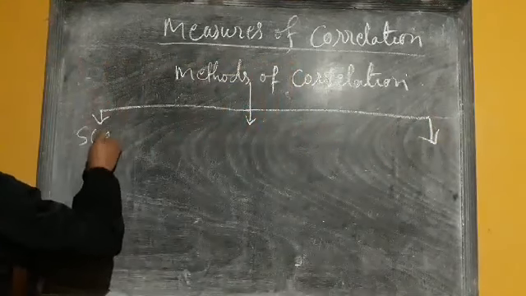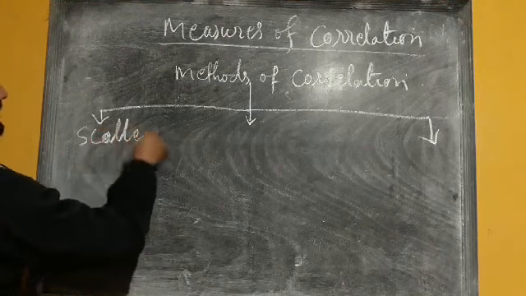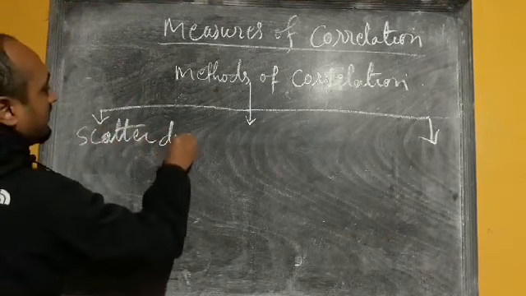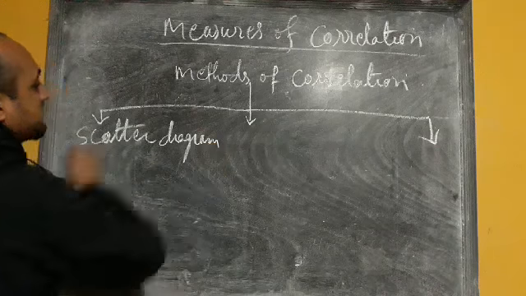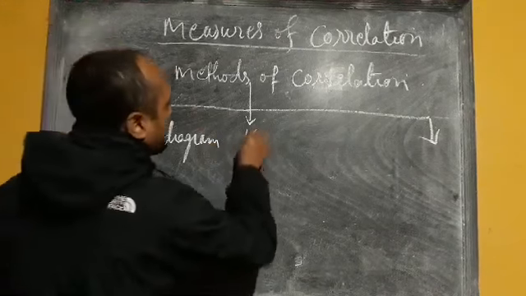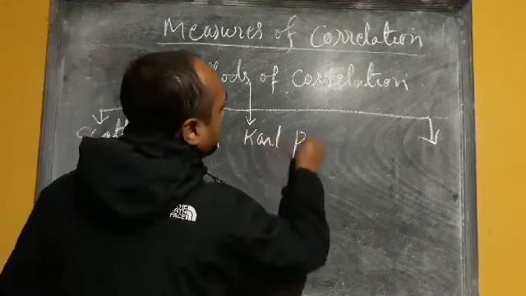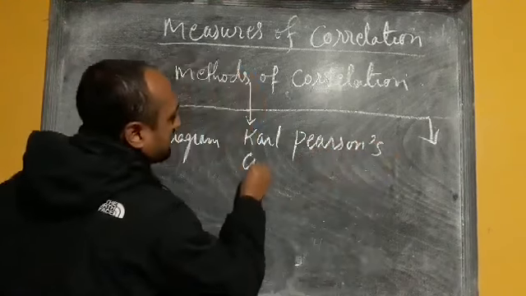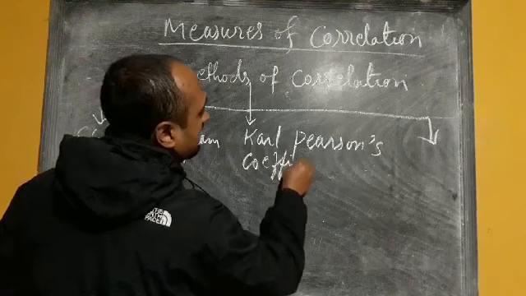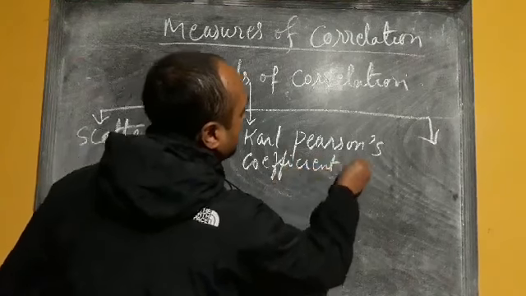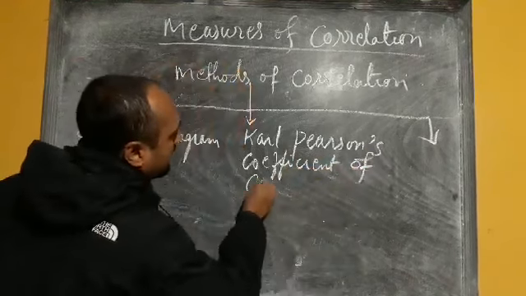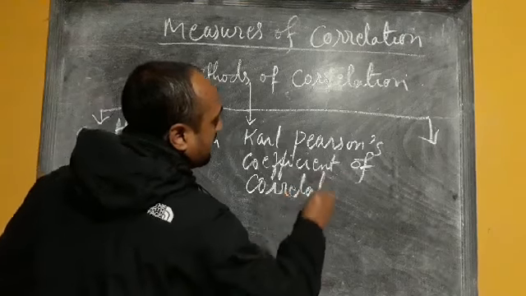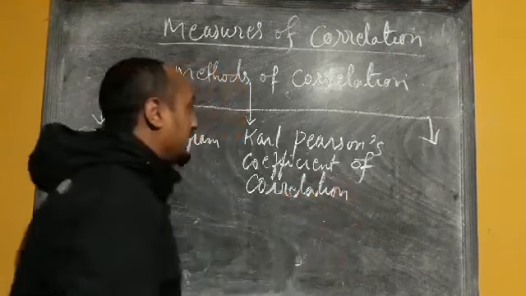Number one, scatter diagram, second one Karl Pearson's coefficient of correlation.